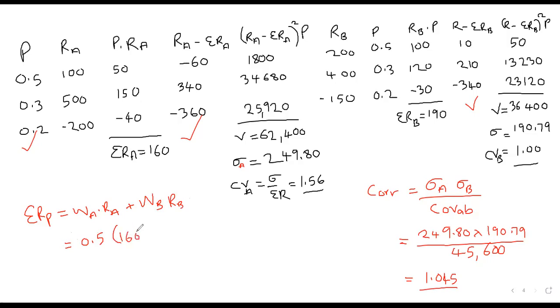So here 50% times the expected return for asset A, plus 50% times the expected return for asset B, which was 190. So what do you get? 175?